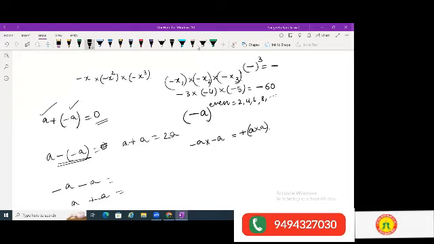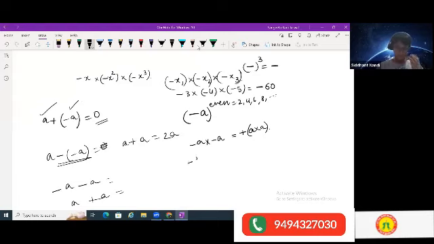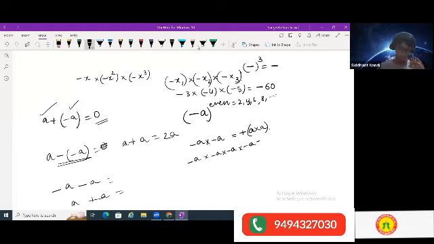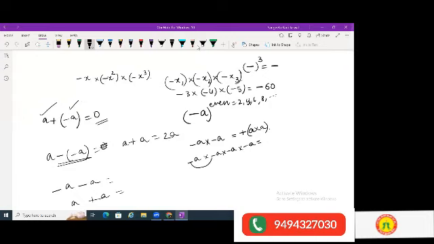Let's take the power to be 4, because we are taking all even numbers. So here also you get minus into minus plus, plus into minus minus, then again minus into minus plus. So your final answer is positive. So that becomes A raised to 4.